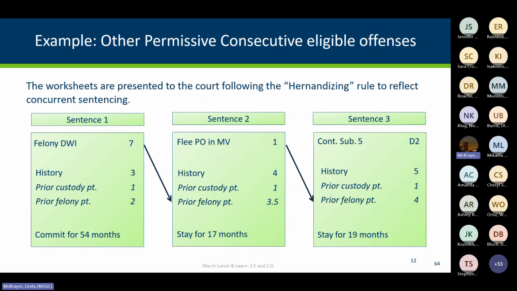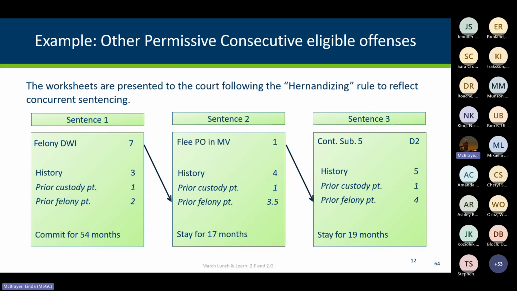So sentence 1 is a commit for 54 months. That goes to sentence 2, which is a stay for 17 months. And then there was also a third offense, a controlled substance 5th degree, that has a sentence of a stay for 19 months. So what does this look like?